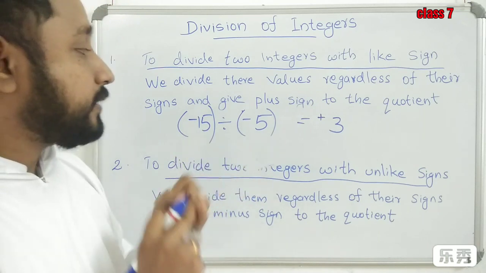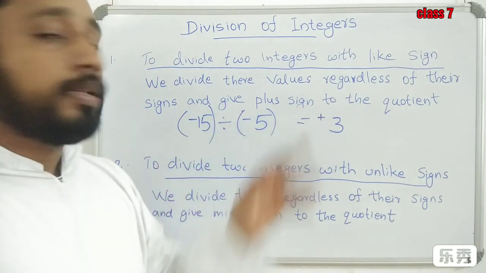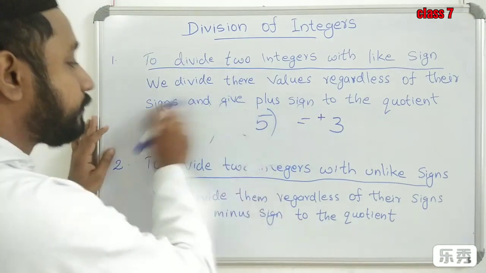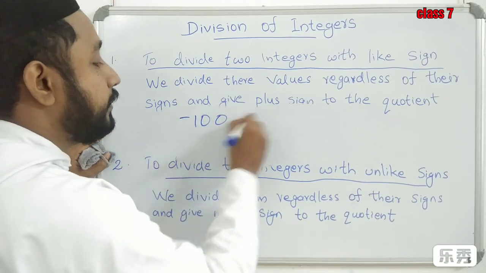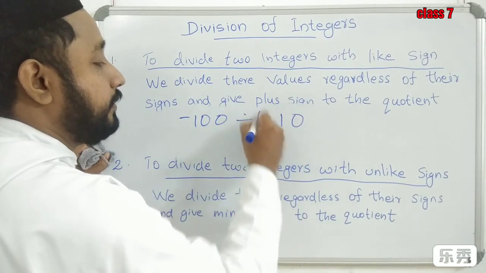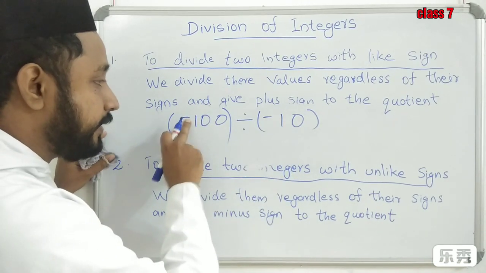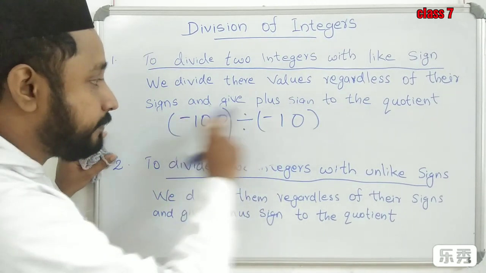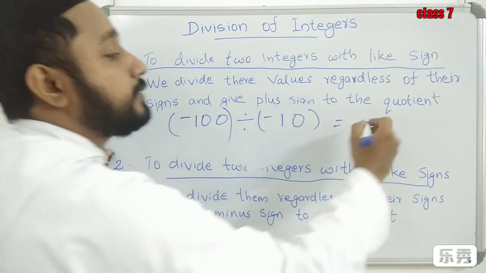Like that, plus divided by plus, answer is plus, and minus divided by minus, answer is also plus. For example, minus 100 divided by minus 10. Here 100, 10. Sign is minus, here also minus. Same sign. Both are minus. What is the answer? 100 by 10, answer is 10.